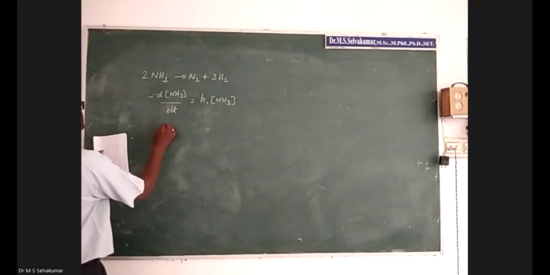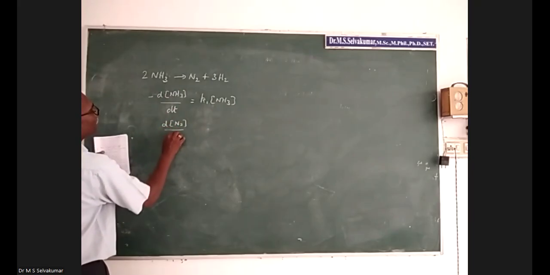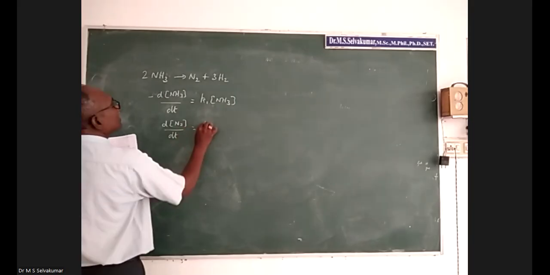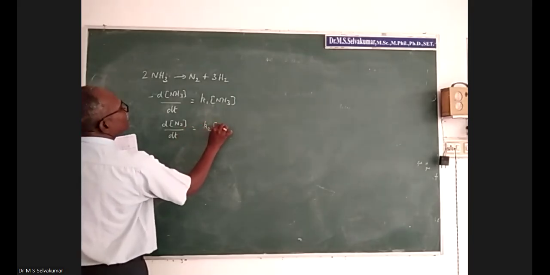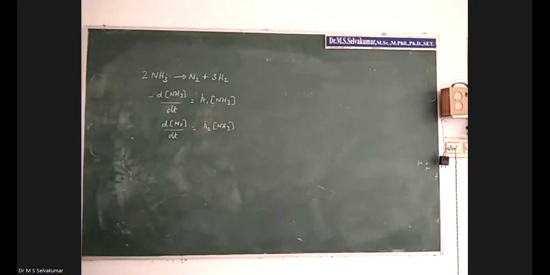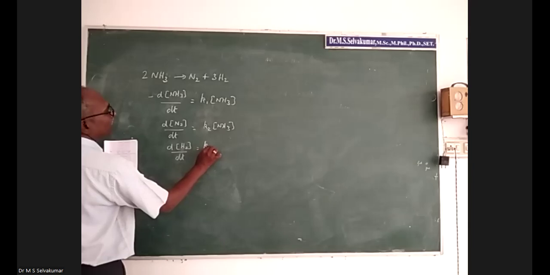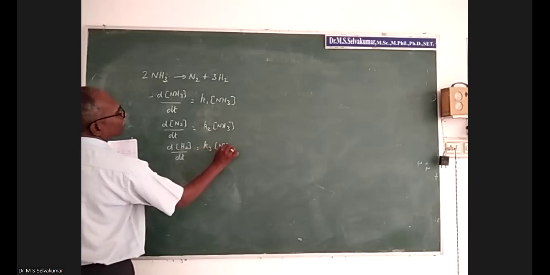And the rate of formation of nitrogen is K2[NH3]. Everything is written in terms of NH3 concentration. And the rate of formation of hydrogen is K3[NH3].